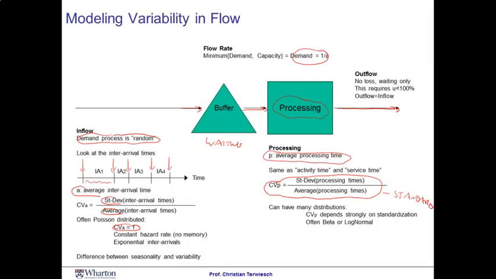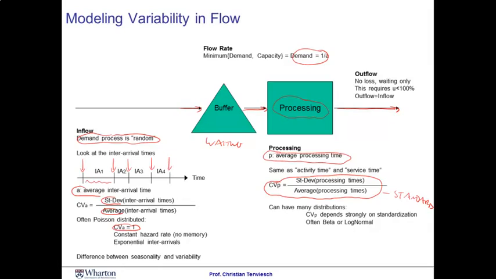The coefficient of variation in the processing time really measures how standardized the work is. This varies a lot by application. In an assembly line, you might see situations where the coefficient of variation of the processing time is close to 0. In other settings, if you think about an operating room, or developing a piece of software, there might be a fair bit of variability in the processing time, and CVP can be 1 or bigger.